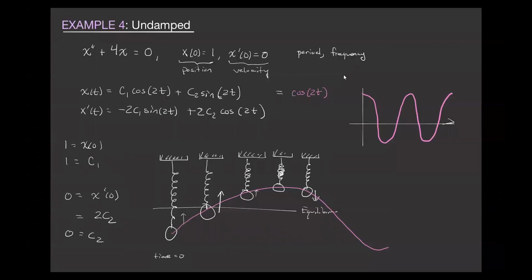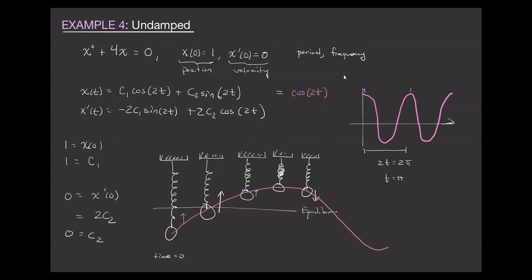And then we can find the actual period just by seeing how long it takes to go from peak to peak. And that we take to be 2t is equal to 2 pi, and thus t is equal to pi in this case. So it takes pi seconds to go through one period.